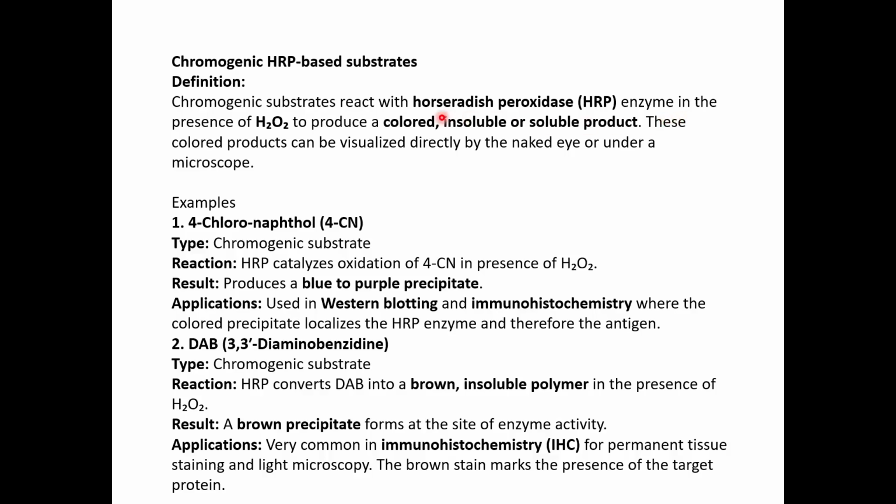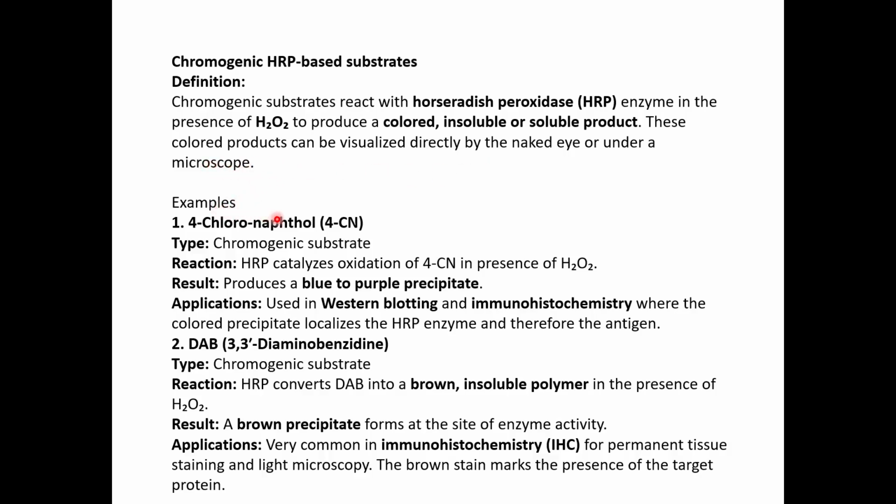It is an enzyme, and in the presence of H2O2 it produces a colored insoluble or soluble product. So basically the color helps us visualize or quantify the concentration. So these colored products can be visualized directly by naked eye or under a microscope.